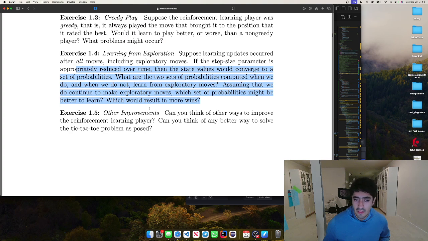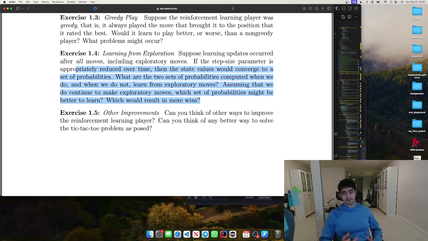Other improvements. Can you think of other ways to improve the reinforcement learning player? Can you think of a better way to solve the tic-tac-toe problem, I suppose? About the trial and error and a model based.